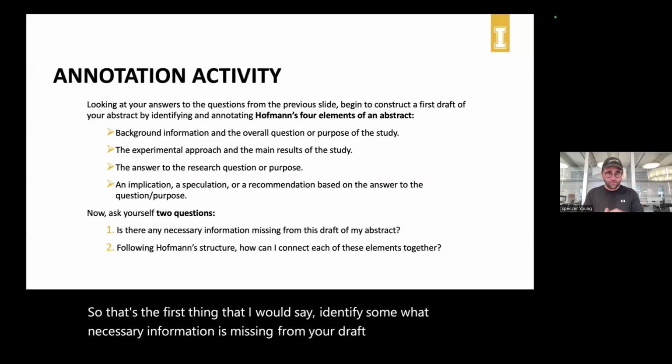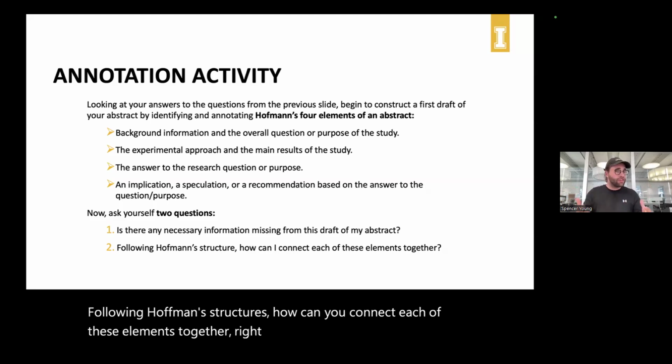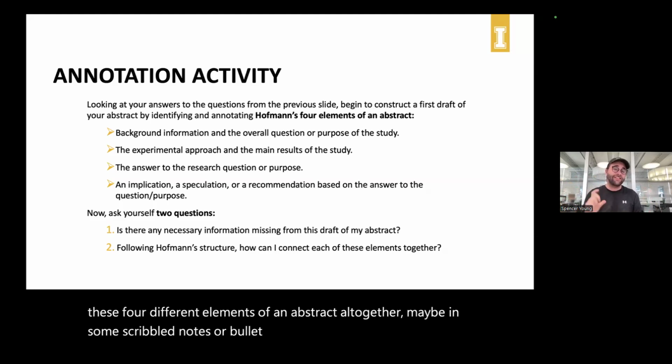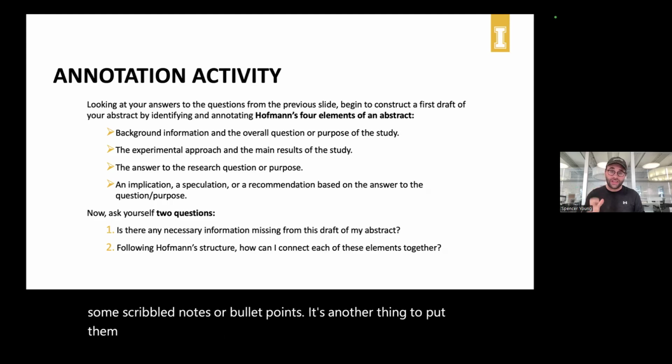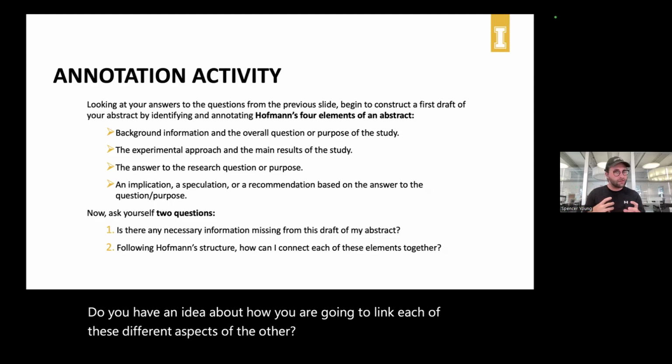Second, following Hoffman's structures, how can you connect each of these elements together? It's one thing just to have these four different elements of an abstract all together, maybe in some scribbled notes or bullet points. It's another thing to put them together into a cohesive paragraph. Do you have an idea about how you are going to link each of these different aspects of the abstract together?